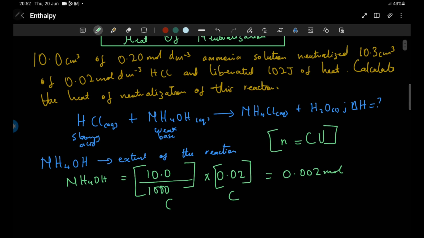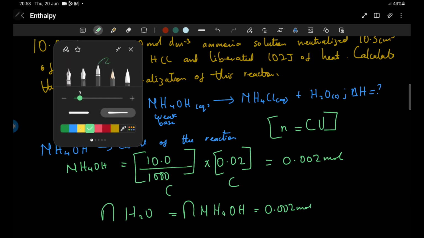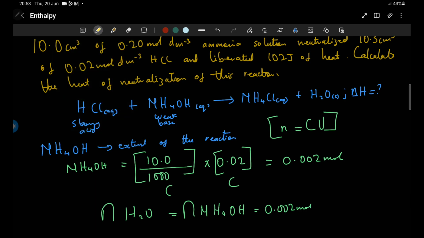All right, so what does that tell us? The number of moles for water is equal to the number of moles for ammonium hydroxide. That's what we mean when we say it determines the extent of the reaction. All right.